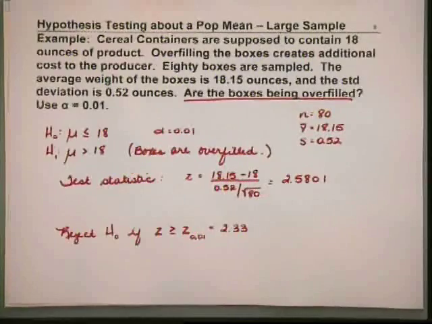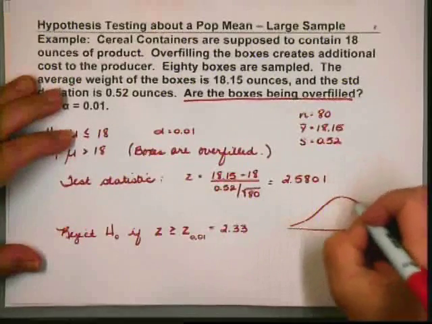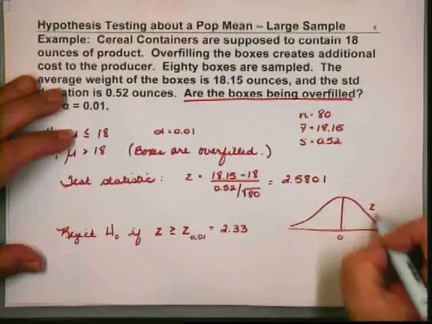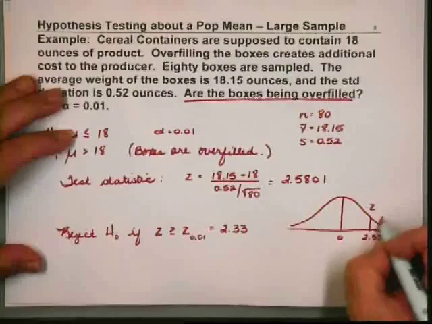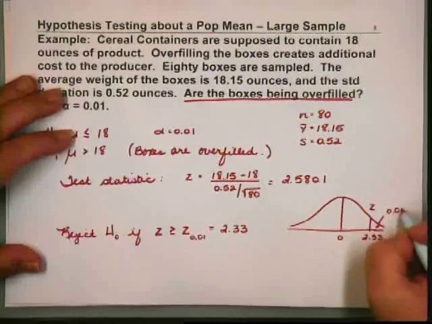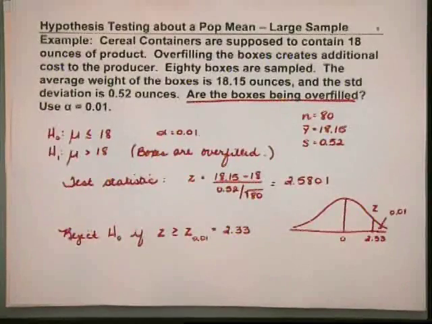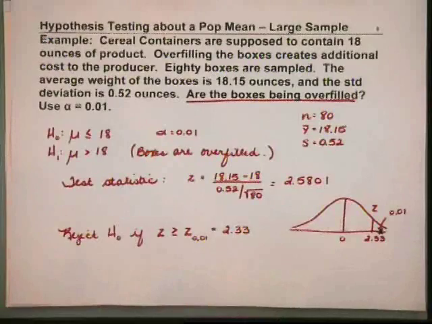You can draw the picture here if you need to. 2.33 determines the right-hand area, 0.01. Where is our calculated value? That's in the rejection region, isn't it? Okay, so what's your plain English conclusion?